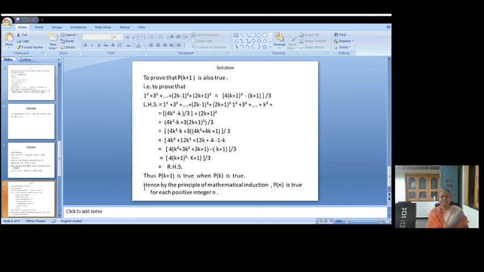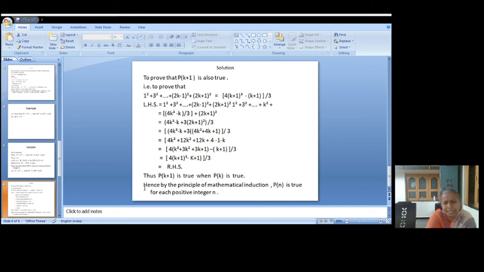Now here again one more mistake is there: capital K should be written as minus in bracket small k plus 1. Therefore we get LHS equal to RHS.